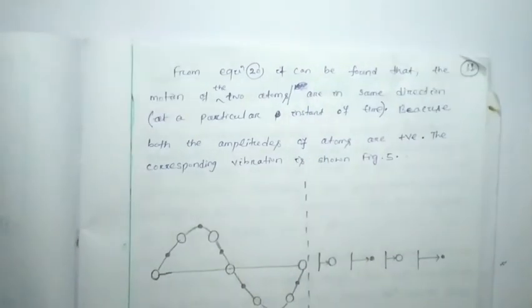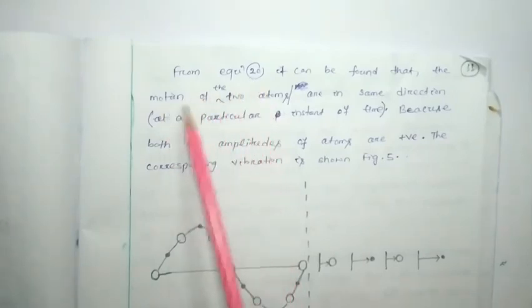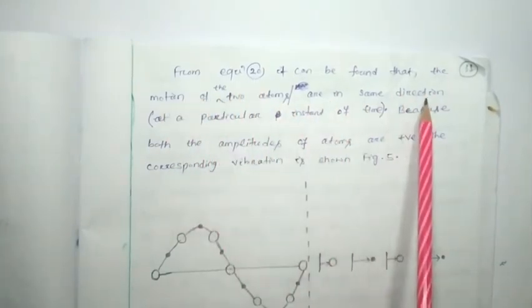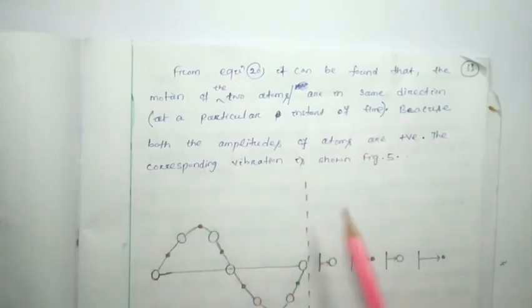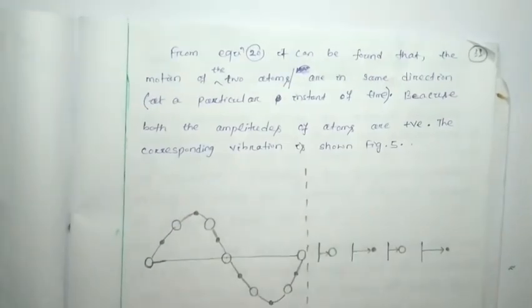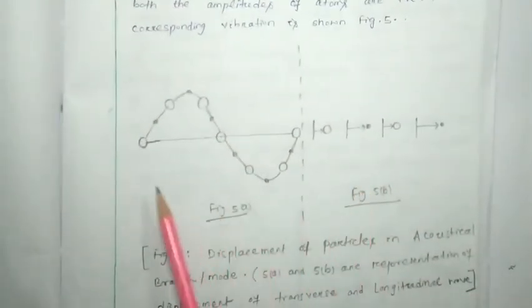So what we found from equation number 20 is that the motion of the two atoms is in the same direction at a particular instant of time, because both the amplitudes of the atoms are positive. The corresponding vibration is shown in figure 5. This is figure 5a and 5b.